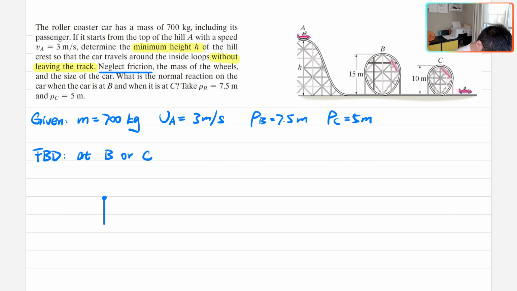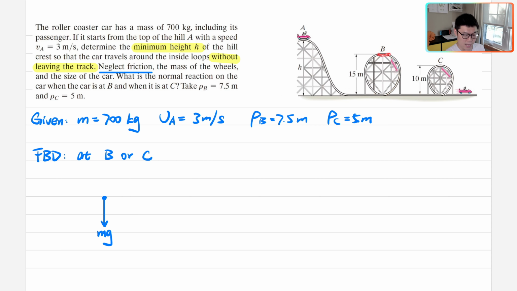Start with gravity, mg, which has to be there. Next is the normal force. At B, when the car is passing B, where does the normal force come from? It comes from the track supporting the car, right?